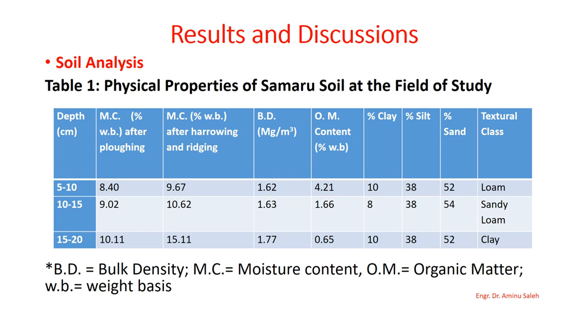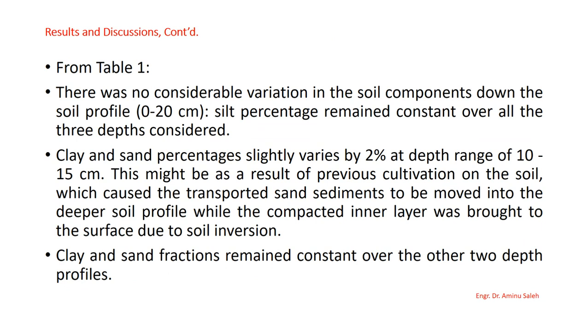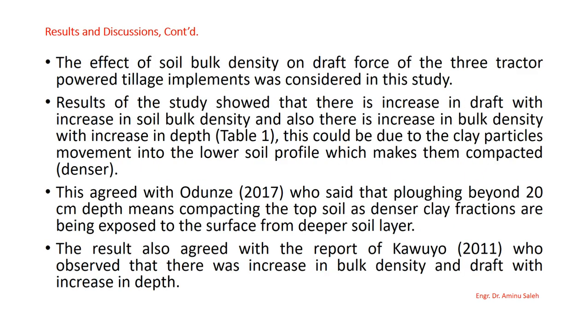We look at classes of soil. From the table above, we can see that there is no considerable variation of soil components from the 0 to 20 centimeter profile. And clay and sand percentage slightly varies by 2% at depth from 10 to 15 centimeter. Clay and sand factors maintain constant over the other depths of the profile.